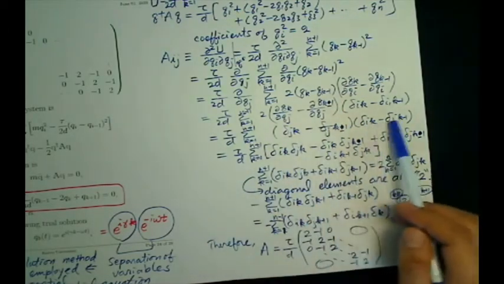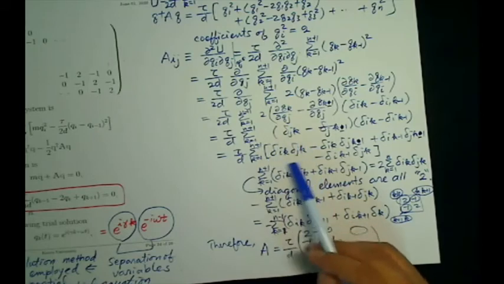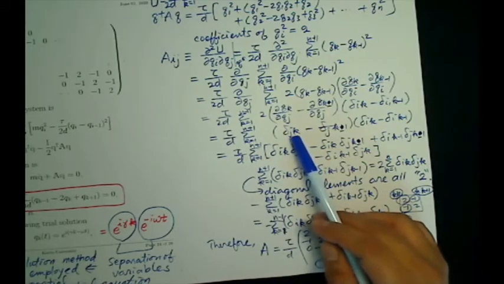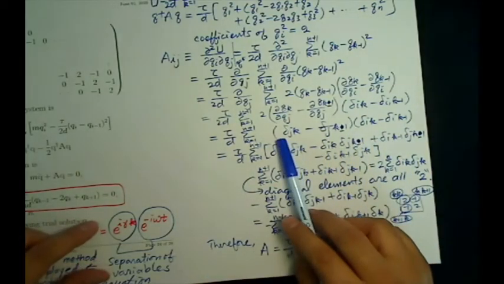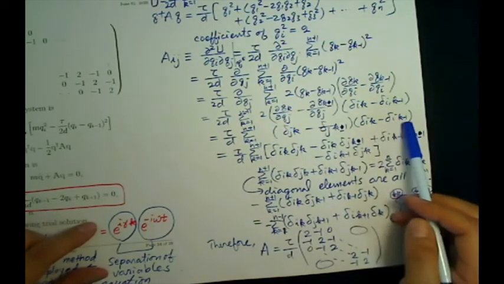We expand these products, delta jk and delta ik. So we rewrite this one as delta ik and delta jk, and these two, delta jk minus 1 and delta ik minus 1.